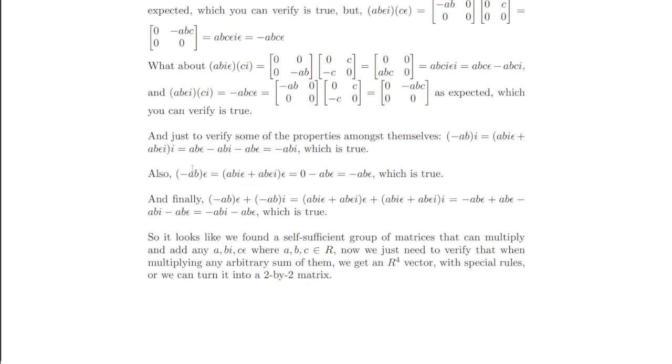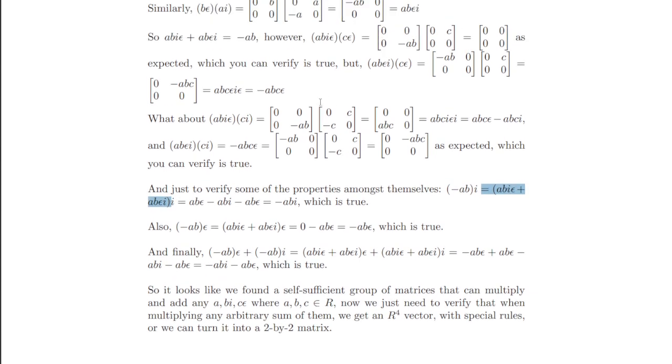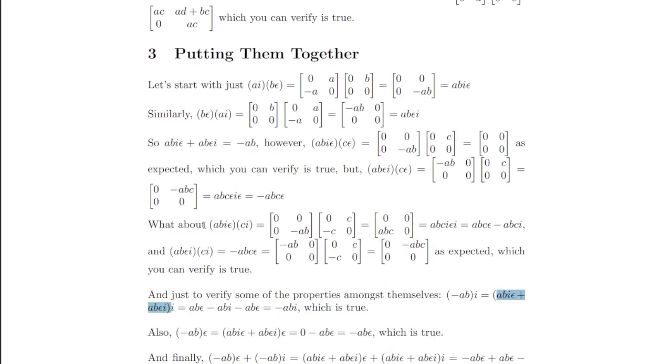Okay, and just to verify some of the properties amongst themselves, negative ab times i equals ab i epsilon plus ab epsilon i, and then all times i. Again, we're just plugging in this for negative ab, which is what we have here.